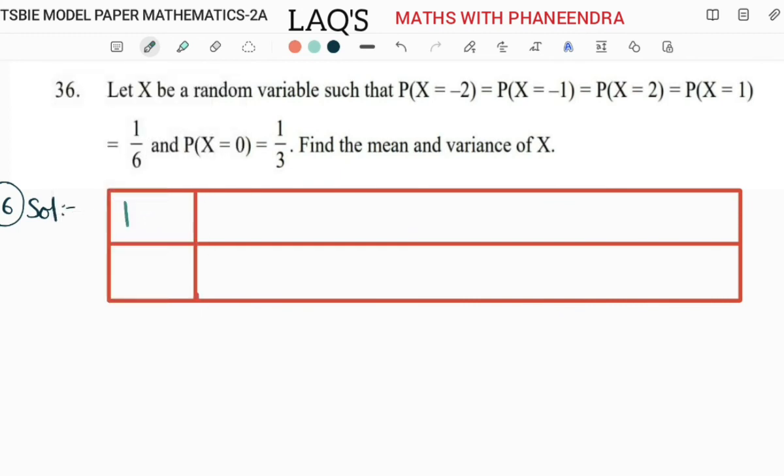So here P of capital X is equal to R. Here probability of X is equal to R. So minus 2, minus 1, 2, 1, 0 is there, so total 5.